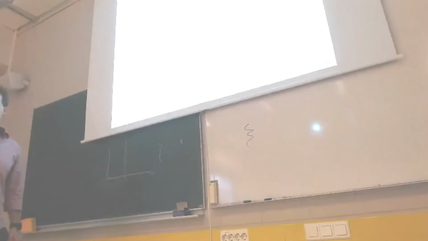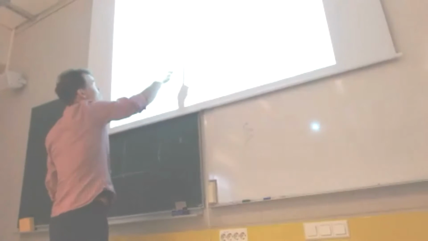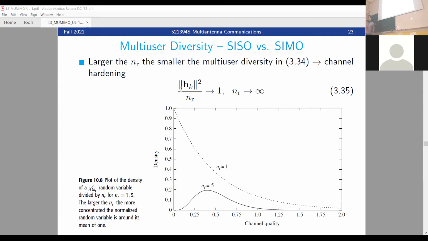Normalized norm of the channel. So when NR goes to infinity, the normalized norm goes to 1. In other words, when we have a large number of antennas and IID fading, we don't get any selection gain, because at the output of the match filter there's no fading; it's deterministic. The channel becomes like this.